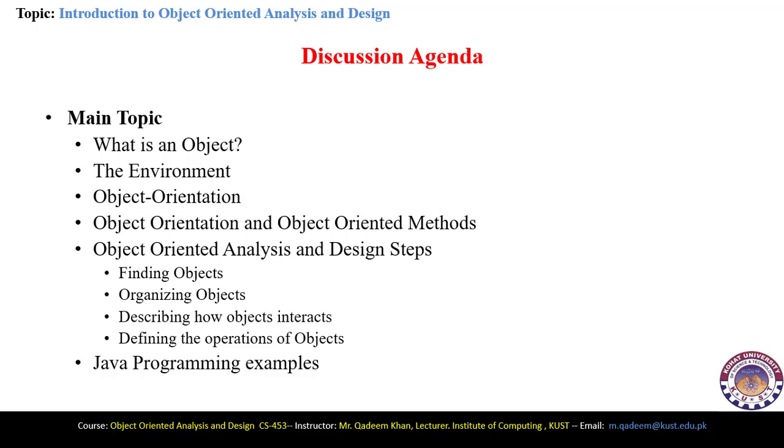These are four different important steps while utilizing the object-oriented systems for analysis and designs. And at the end, we have the Java programming examples in which we will demonstrate how the object is used to call the functions in the class.